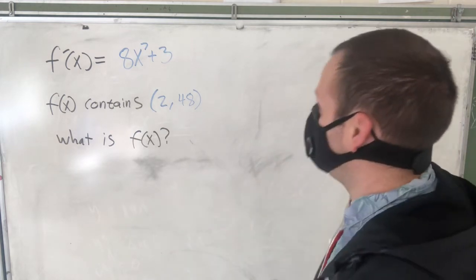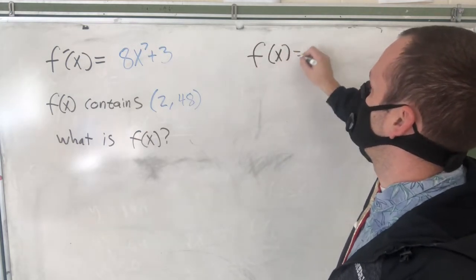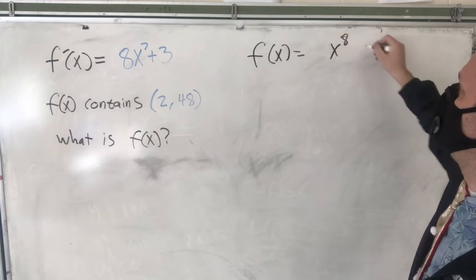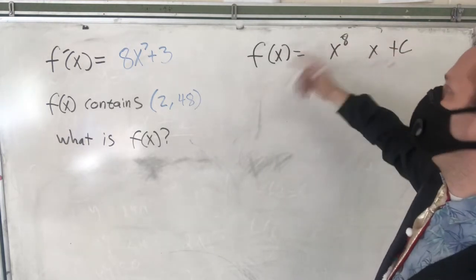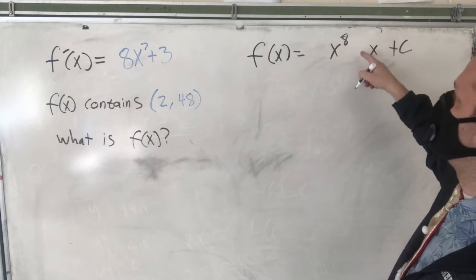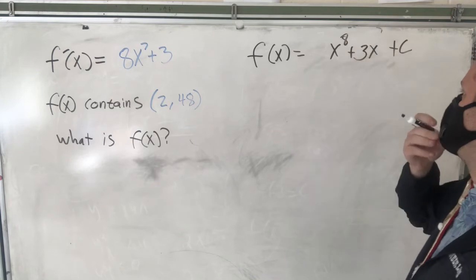All right, here's the answer. So step 1, I'm going to figure out what the initial equation was. F of x is, let's see, we've got x to the 8th, we've got an x, we have a plus c. 8 times what is 8? 1. 1 times what is 3? 3. All right.